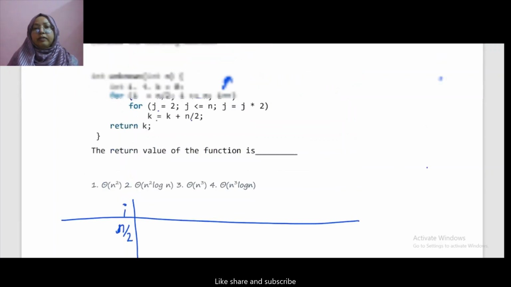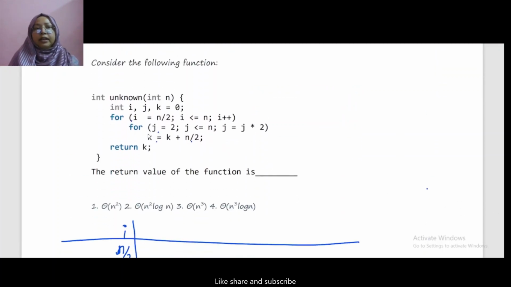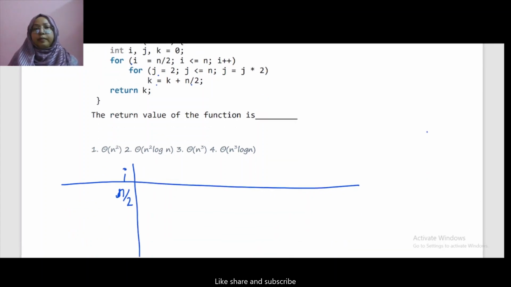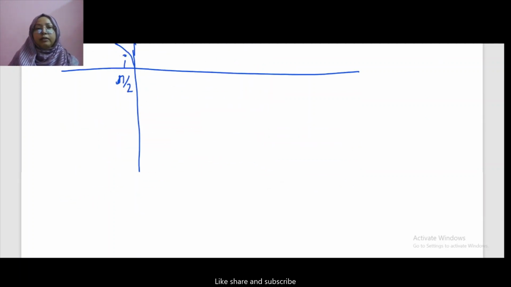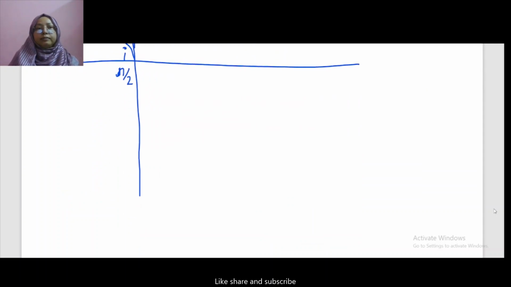See here, the initial value of i is n by 2 and the initial value of j is 2. Here it is i and it is j here.